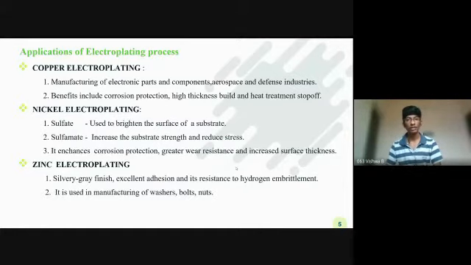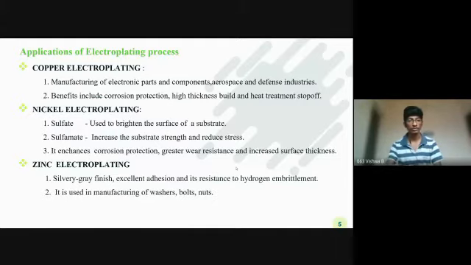If oxygen in the air comes in contact with iron, it gets rusted due to the water or moisture content present in the air. So it is resistant to hydrogen embrittlement. It is also used in manufacturing washers, bolts, and nuts, and you can see that most washers and bolts have a silvery gray finish.